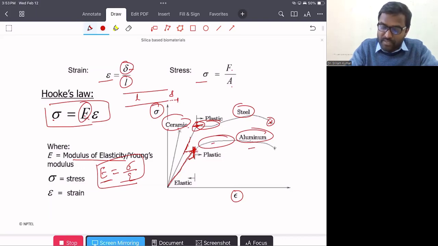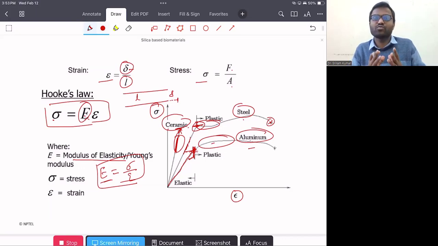Similarly, if you compare the ceramics with the steel, this ceramics has the highest slope as compared to the steel, so the ceramics has even the highest Young's modulus. So up to very high stress, the ceramics material behaves as elastic in nature.